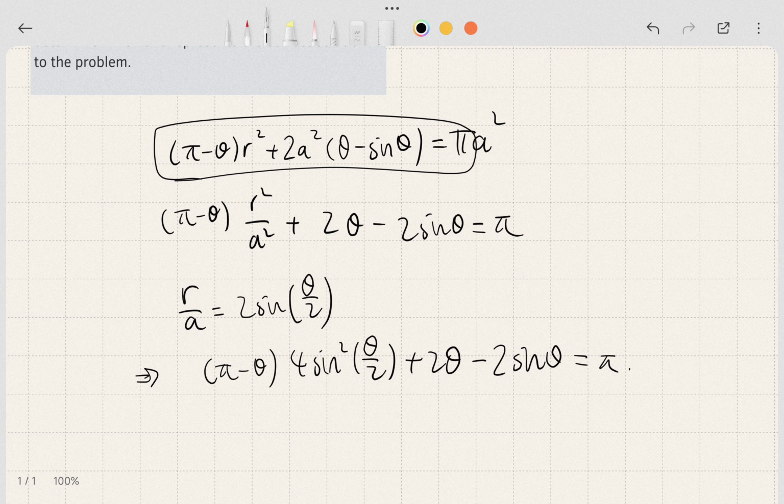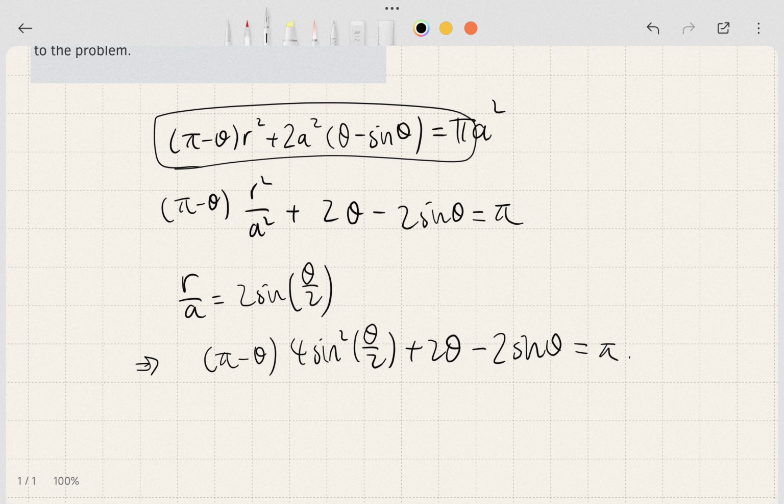So solving it, we get theta is approximately equal to 2.18, which is incredibly close to the number e for some reason. I'm starting to wonder what's going on. Okay, so what's r over a?